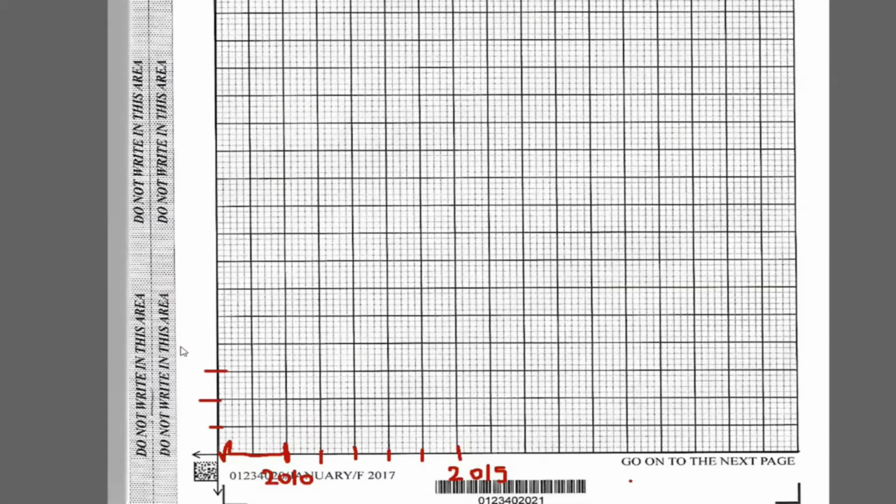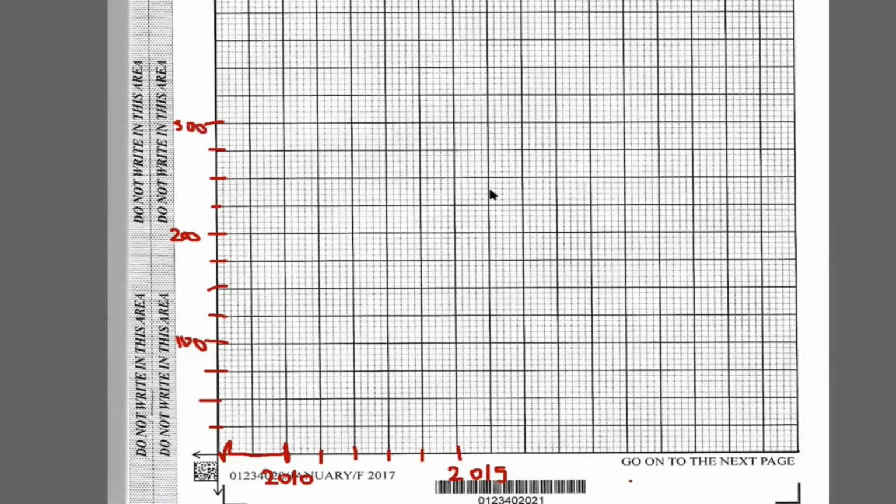This is 100, 125, 150, 175, 200. Right here now represents 200 tons, 225, 250, 275, 300. And nobody got over 300, so we can stop there.